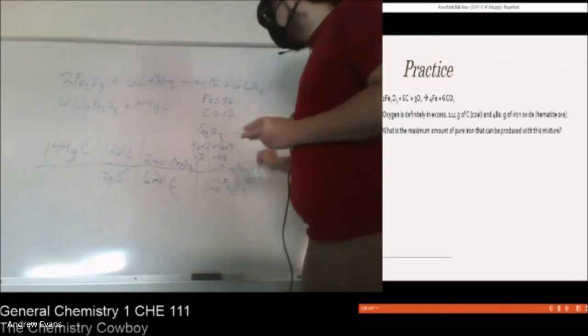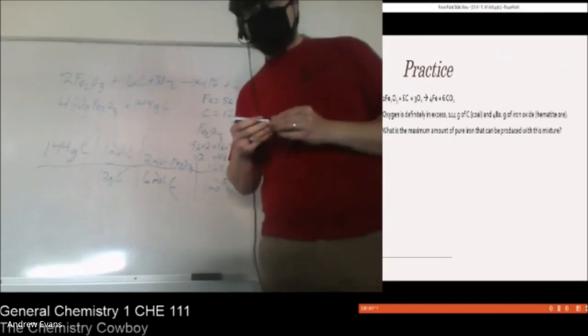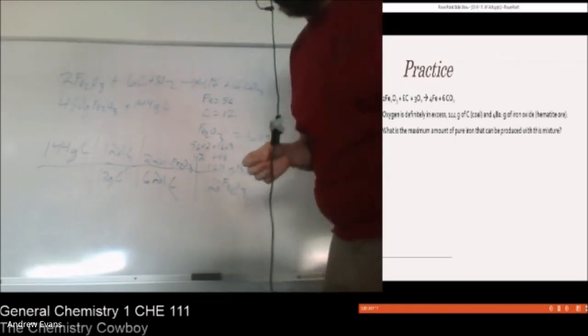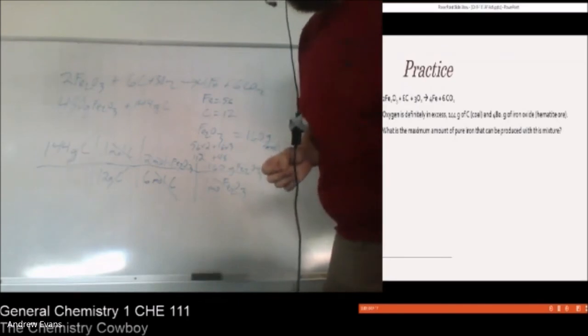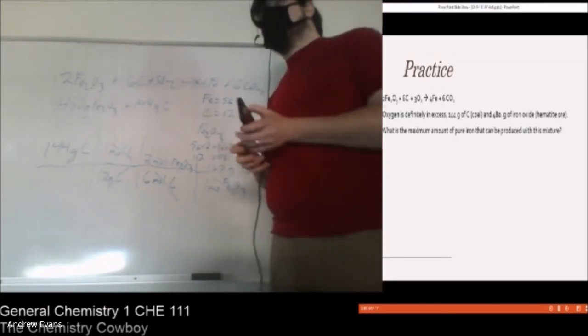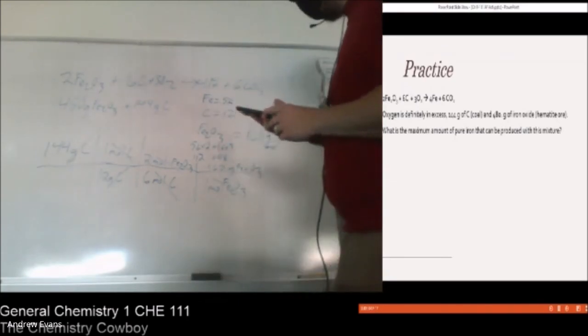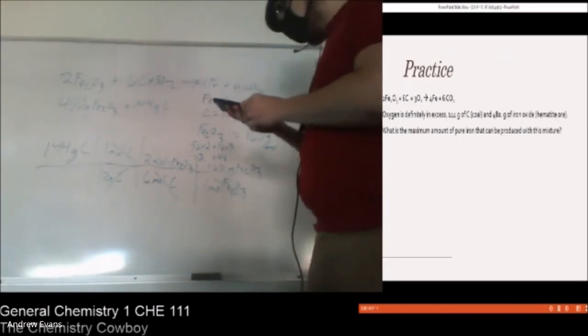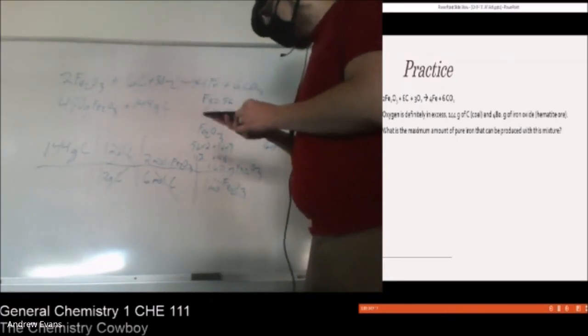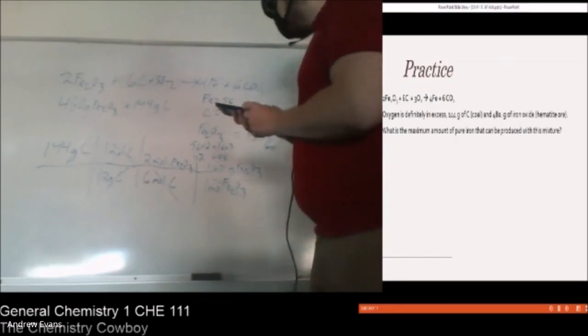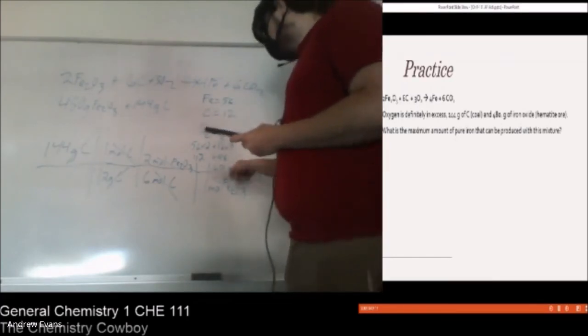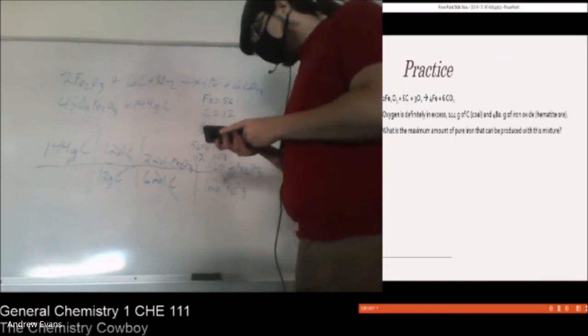In order to compare these together, I have to compare grams to grams. I cannot compare grams to moles. I can't compare grams of carbon to grams of iron. I have to compare equal units. You can't compare apples to oranges. I have to compare grams of iron oxide to grams of iron oxide.